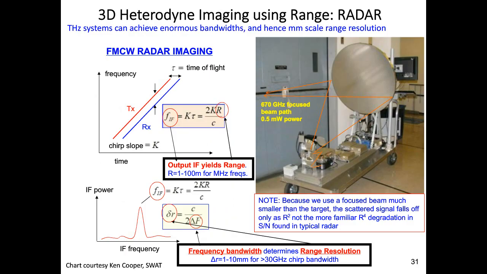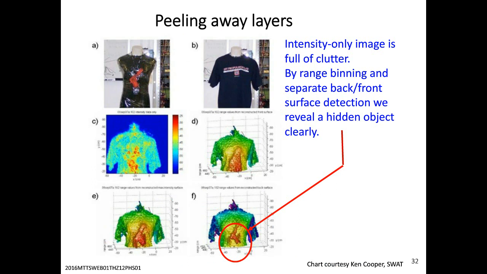But by doing an FMCW type of chirped frequency pulse and using the return down-converted signal in a heterodyne system to give you range information, and the bandwidth of the chirp to give you range resolution, you can make a three-dimensional reconstruction of an object and essentially be able to measure something that looks very unidentifiable in just a straight image that involves intensity only, as you see in C on this view graph.